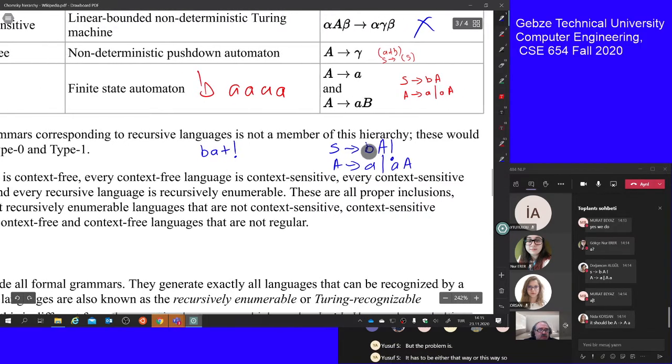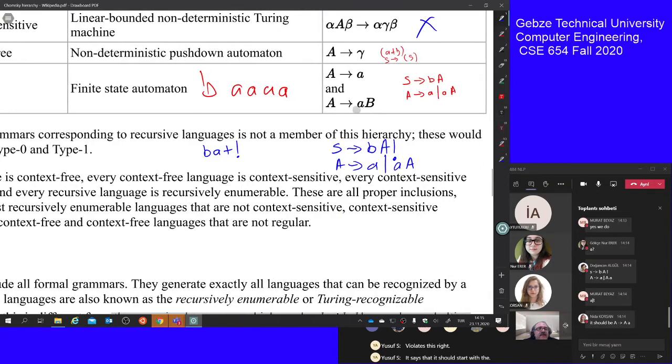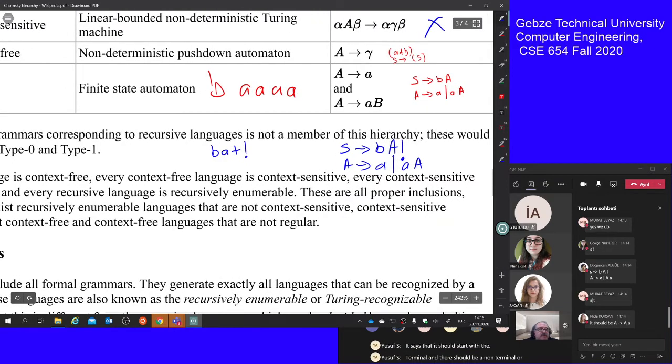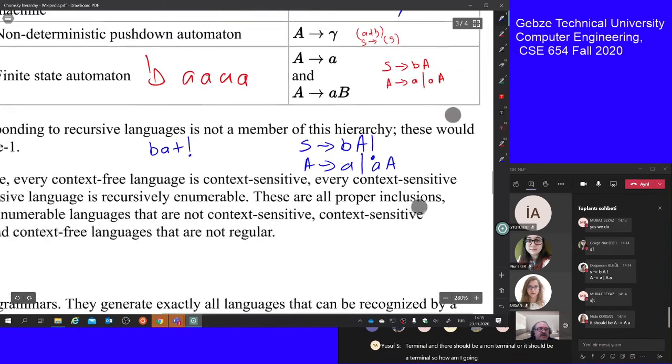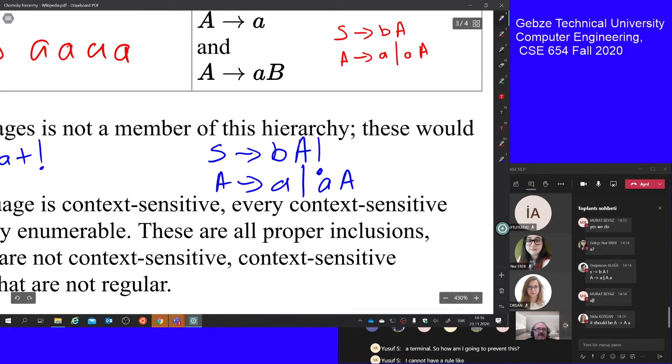So my first rule kind of violates this, right? It says that it should start with a terminal and there should be a non-terminal, or it should be a terminal. So how am I going to prevent this? I cannot have a rule like this. I cannot have a rule that ends with a terminal.